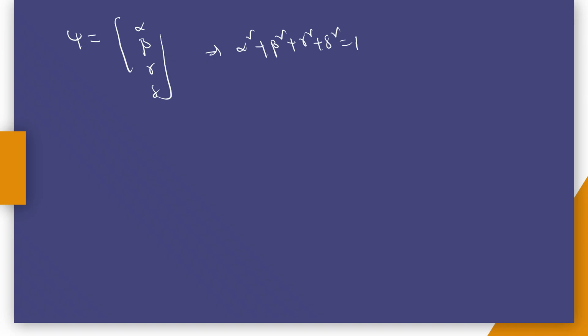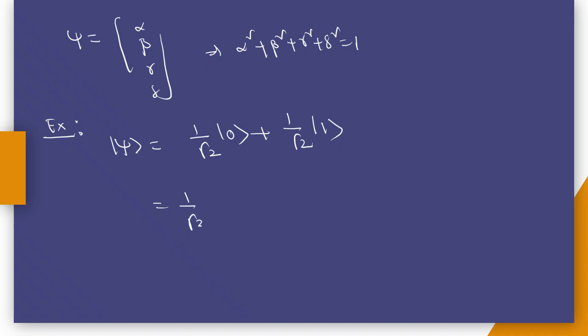For example, to understand this in more detail: express the following qubit states as column vectors. Psi is given as 1 by root 2 state 0 plus 1 by root 2 state 1. He is asking for this qubit state to be converted to a column vector.